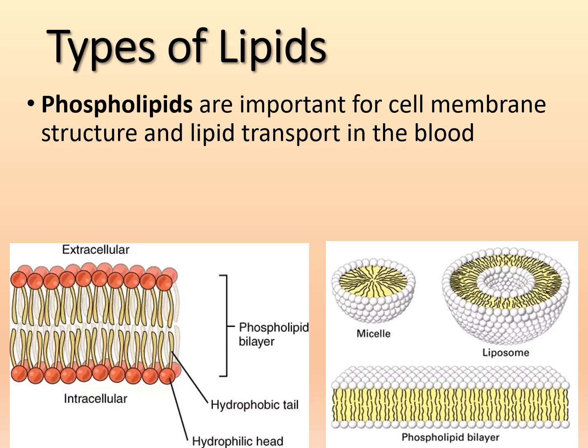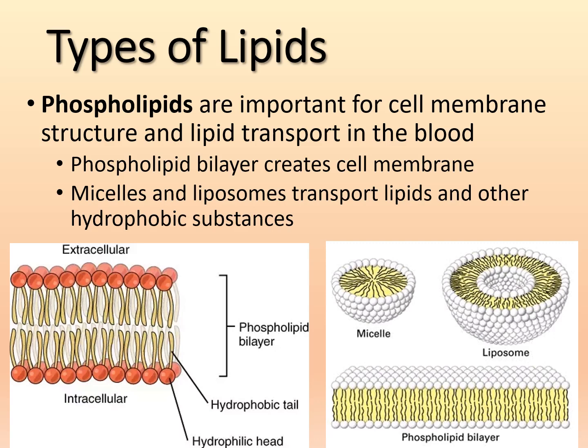What is blood made out of? Mostly water. So how do we transport these lipid molecules in the blood if they don't like water? This is where these phospholipid structures come into play.